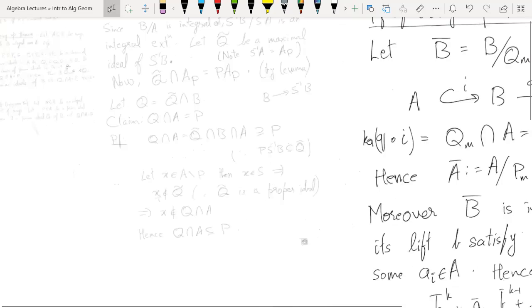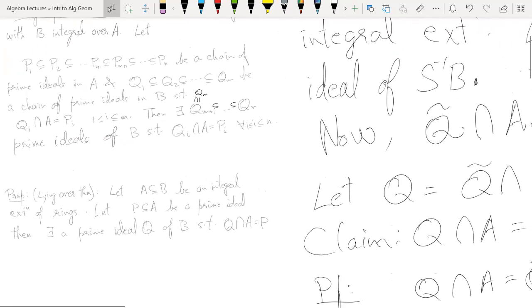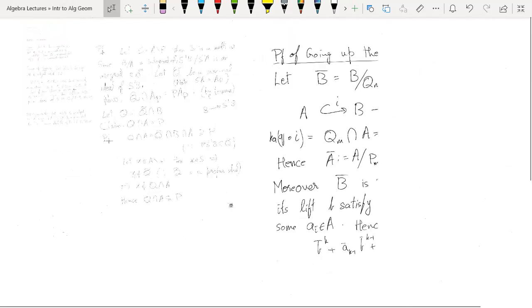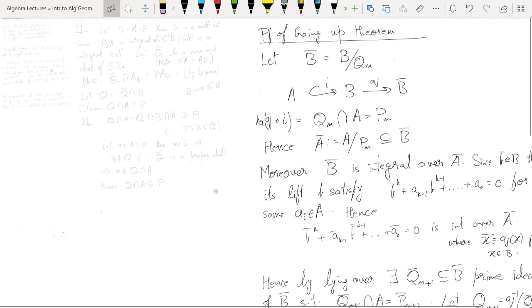Remember, we have to find a QM plus 1 which contains QM, such that QM plus 1 intersection A is PM plus 1. That is the objective. And we have this chain of prime ideals, so all this initial data is just decoration.